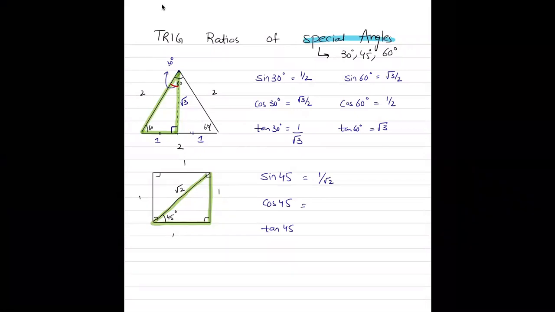Very good. Cos of 45 is 1 upon square root 2. And tan of 45 is opposite over adjacent, which is 1 upon 1, hence 1. If you have a calculator with you, you can just find out these values. Your calculator is going to give you the same value. So these are the trigonometric ratios that you can remember.